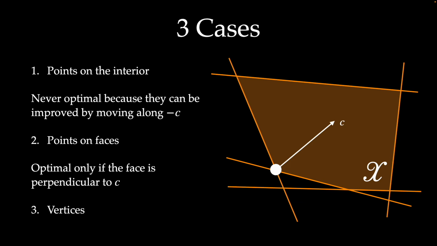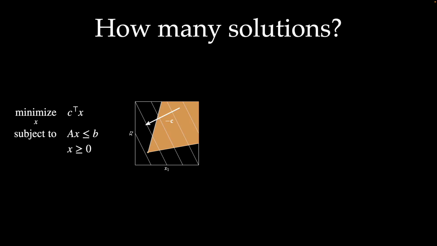Okay, so to get a visual example of what we're talking about here, I think it's helpful to consider this case. We're working with our standard form linear program. What we've shown in this example are the contour lines of the objective, so these are lines of constant C transpose X. We've shown the negative C vector, and we're assuming here that there are only 2 inequality constraints, just these 2 forming this feasible set.